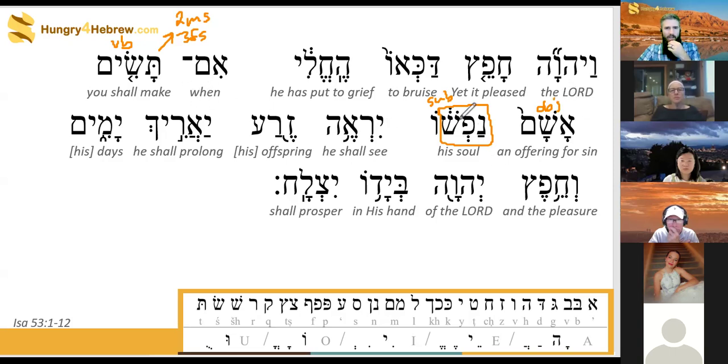His soul puts for a sin offering. Guilt offering. Yeah, that makes sense. And then that would be a 3FS tav, not a 2MS tav. So maybe that should be 3FS. That's good. Wow. All right.